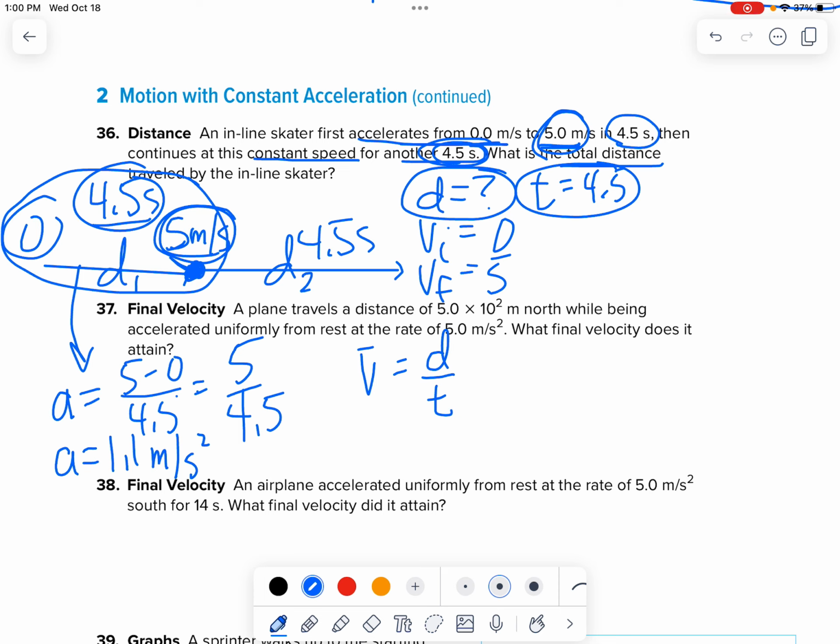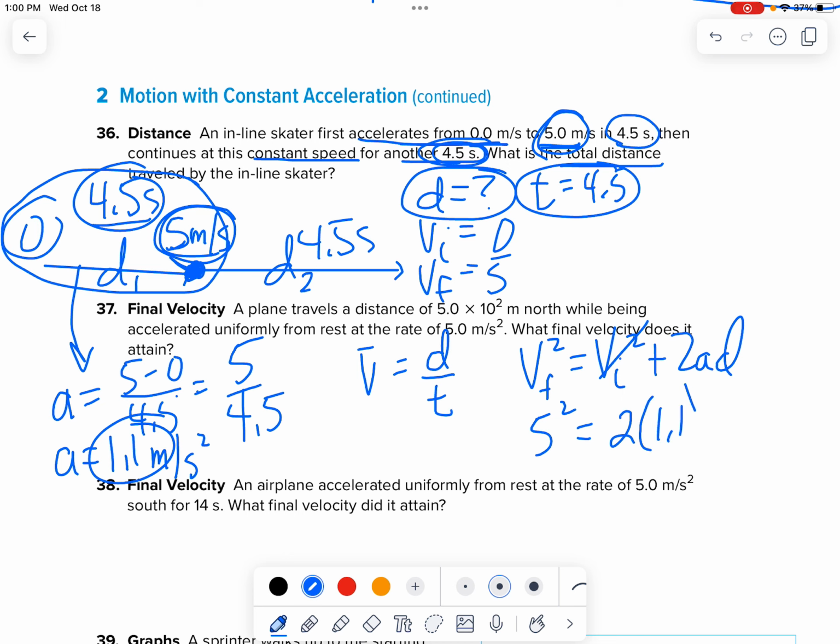So we could use the same formula. The final velocity is 5 squared. The initial velocity is 0, so we don't have to worry about it. And 2AD, we just found the acceleration, so 2 times 1.1 times the distance, which is what we want to find.